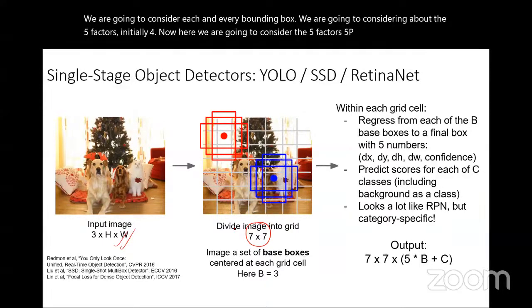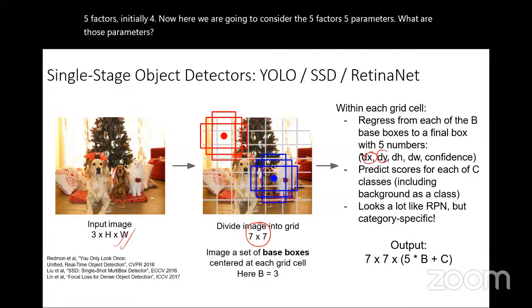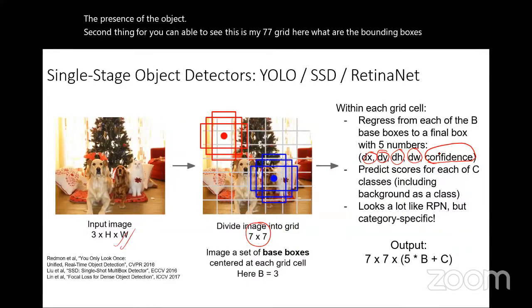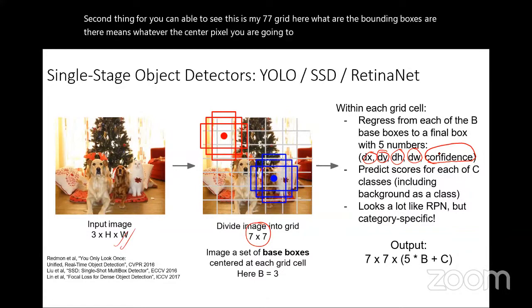What are those parameters? X comma Y, height and width, and its confidence, the presence of the object. Second thing, as you can see, this is my 7 cross 7 grid. Here, what are the bounding boxes? That means what are the center pixels you are going to consider here? That is called the base box.